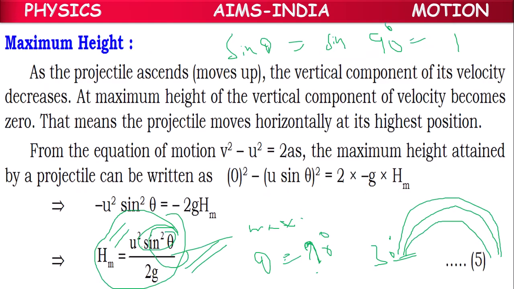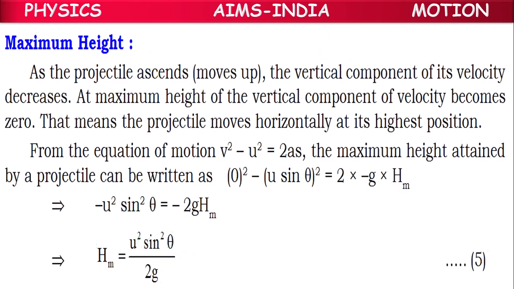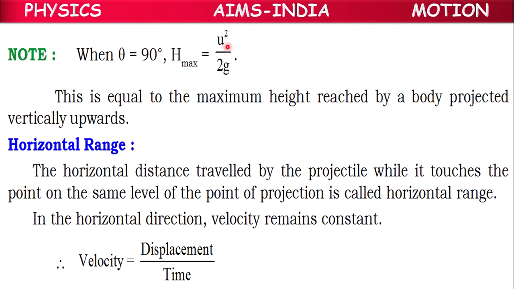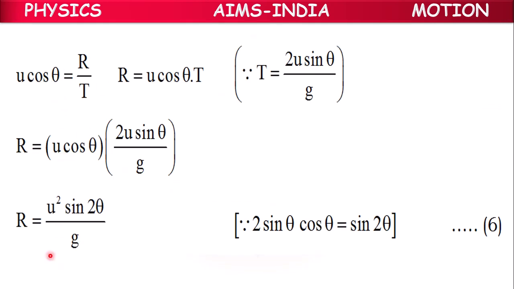And we have learned to derive the equation of maximum height, which is equal to u square sin square theta by 2g. It is maximum when theta value is 90. When theta value is 90, the oblique projectile will become a vertically projected upwards body. And for horizontal range also, we have derived the formula, which is equal to u square sin 2 theta by g.